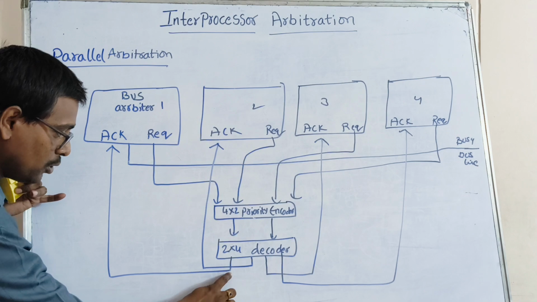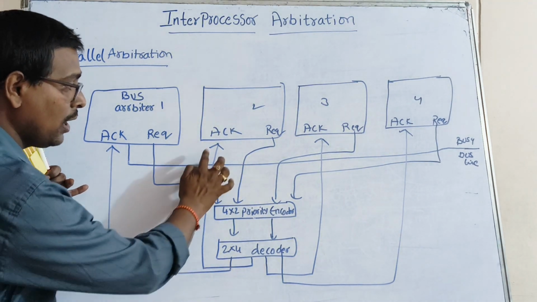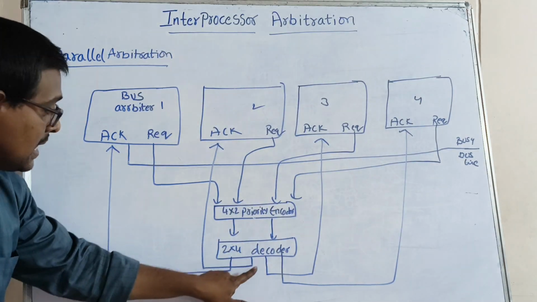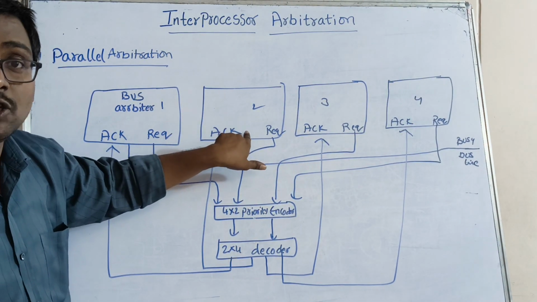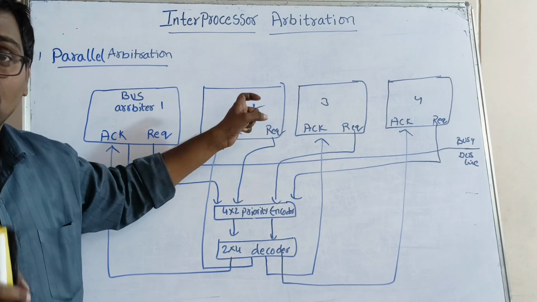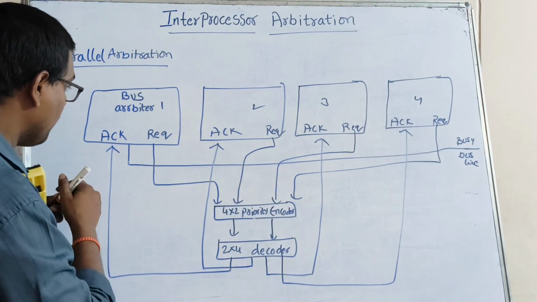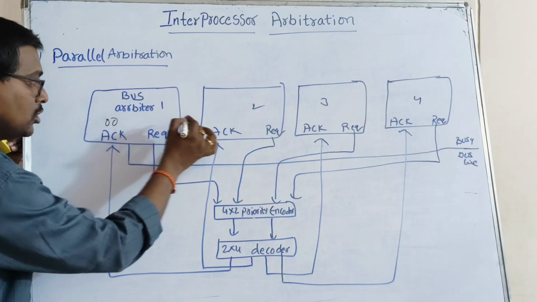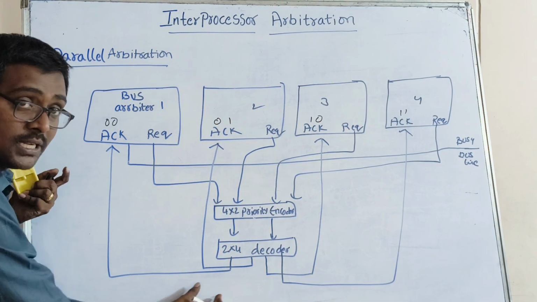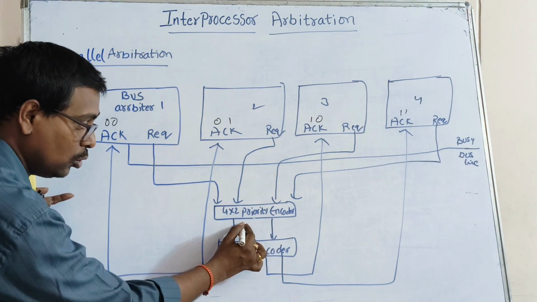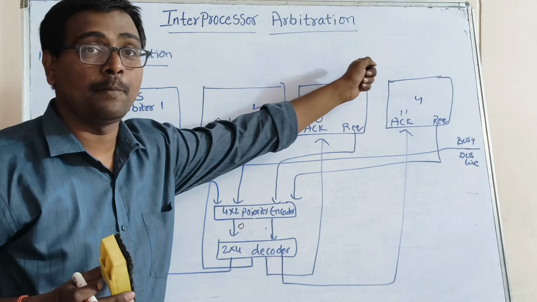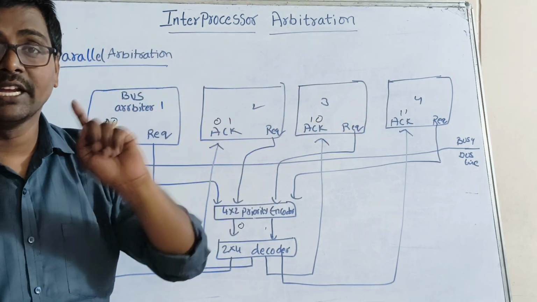The 4 outputs are connected to the 4 acknowledgement lines, and based on these 2 inputs, the corresponding acknowledgement is enabled. That means, for example, acknowledgement 00, 01, 10, 11. It produces 4 outputs. Based on the 2 inputs, it produces 4 outputs so that the corresponding processor arbiter is executed.